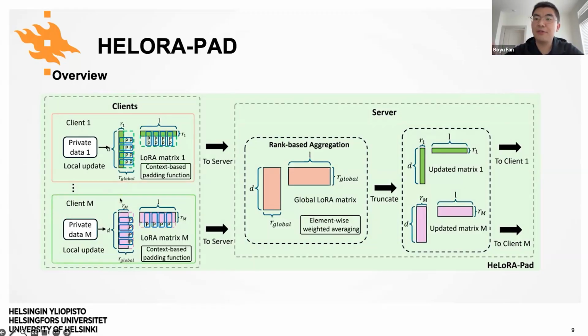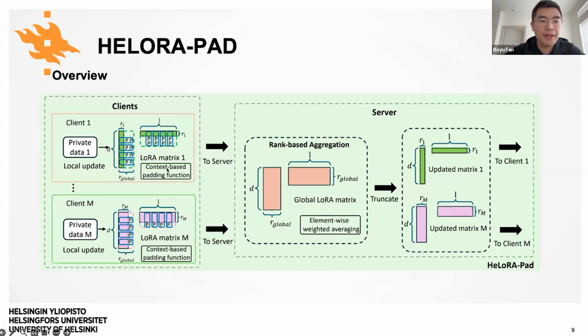The global one is like a full model, while these are truncated models tailored to their resource constraints. We pad them to align with R global so that we can send them to the server side for element-wise averaging, because they now have the same parameter shapes.